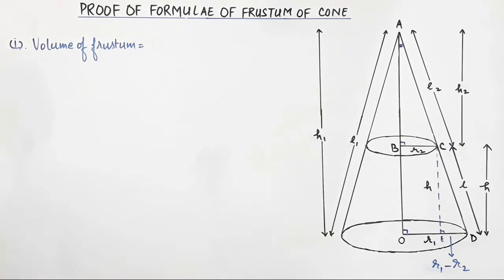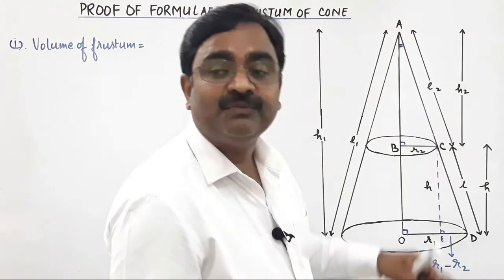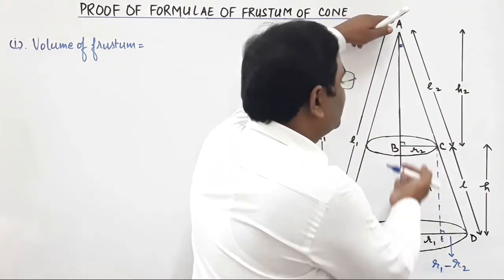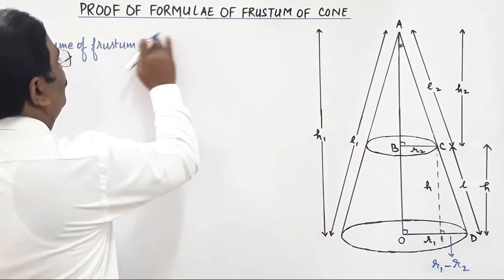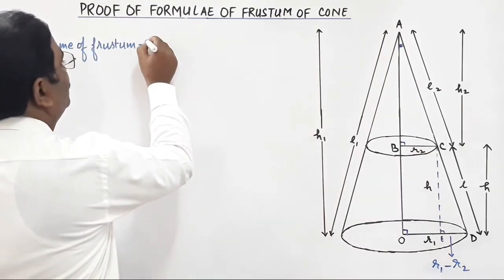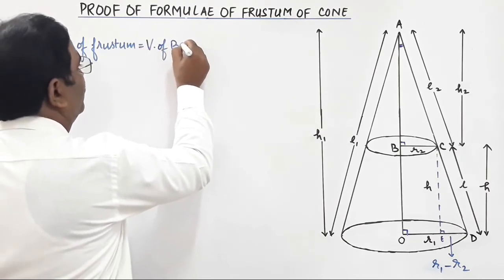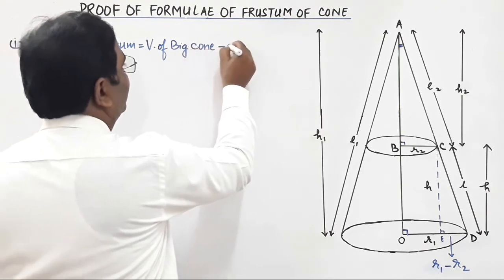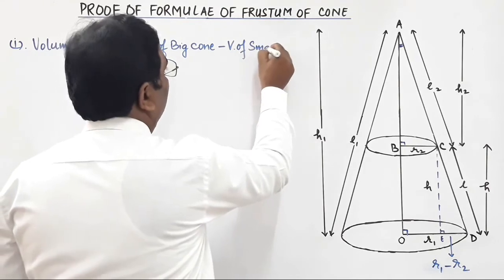what? We have to find the volume of this frustum. So the volume of this frustum is equal to the volume of the big cone minus the volume of the smaller one. So volume of big cone minus volume of small cone.